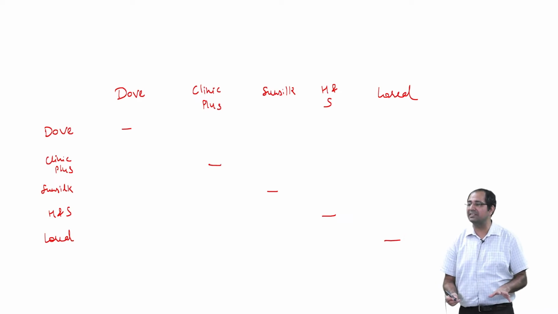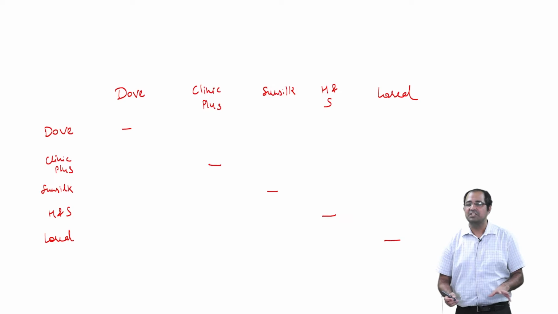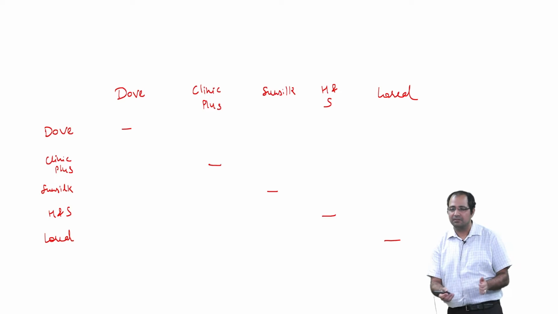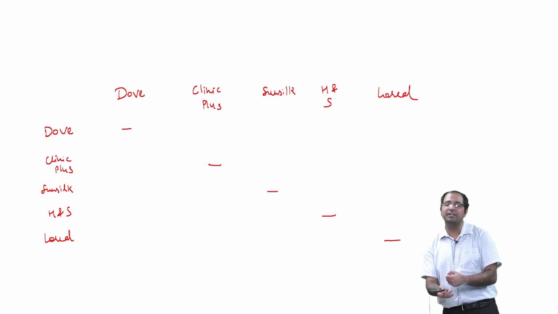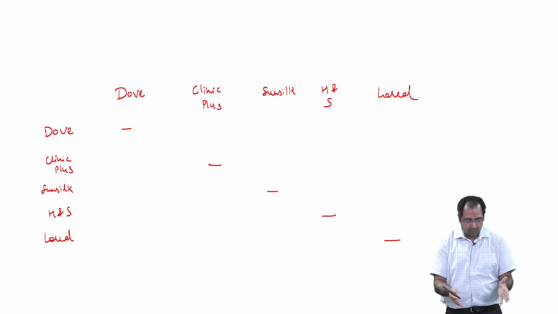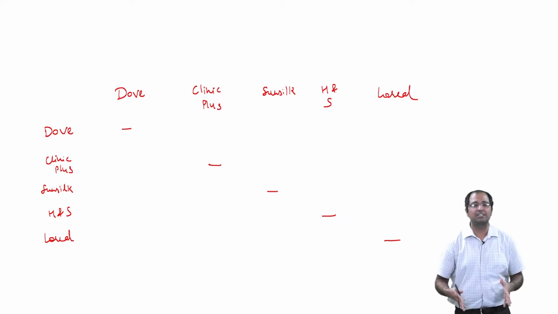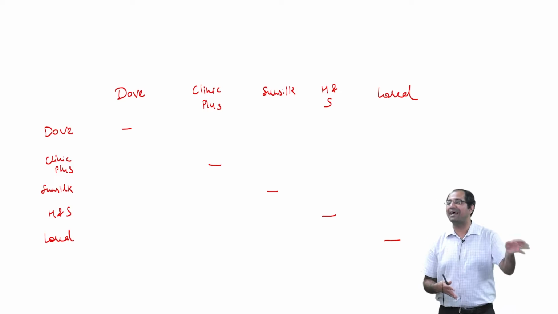A brand manager of a particular brand in the shampoo category, or somebody who is going to launch a new brand, would want to know the target market's preference among these 5 brands. What is the order? One way is paired comparison scaling.